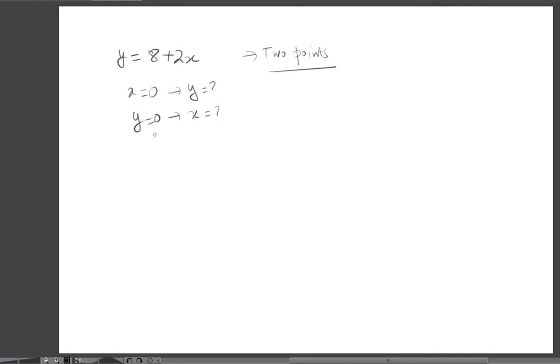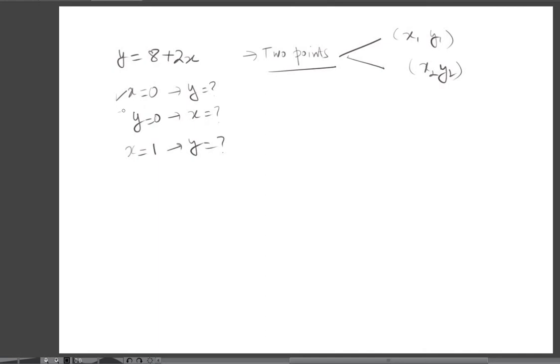Or if you are not really specific about putting x or y as 0, you put one of them as 0 and put any other value of x into the equation, let's say x equals 1, and find the value of y. So basically the idea is we need two coordinates, x1 y1 and x2 y2.